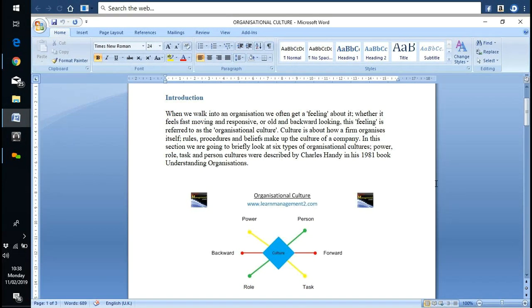Culture in an organisation is rather less about the people in it, but the way it operates, the way the people in the organisation feel about working for it, whether it feels quick and responsive or old and backward looking, whether it is authoritarian for people that work there, or whether it is completely laissez-faire, where they just let you get on with it. There are a whole host of different things.